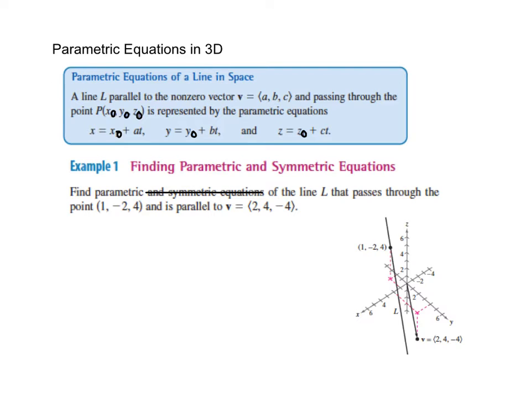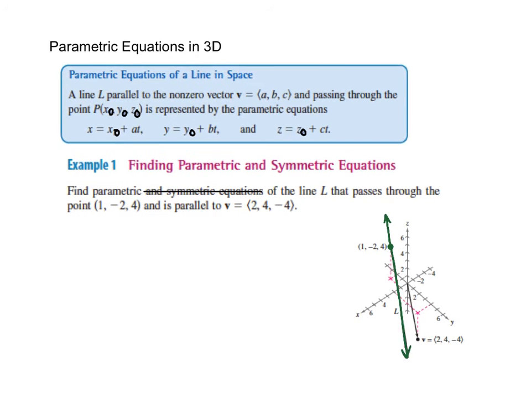Okay, so here we have this line that's drawn over here. This is the line that we actually want. Okay, we want it to go through this point 1, -2, 4.